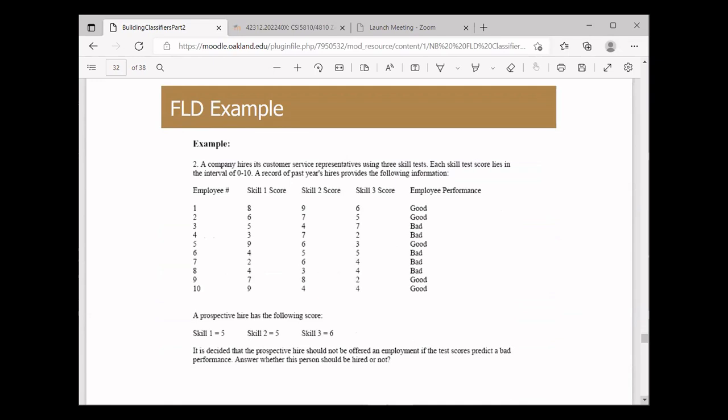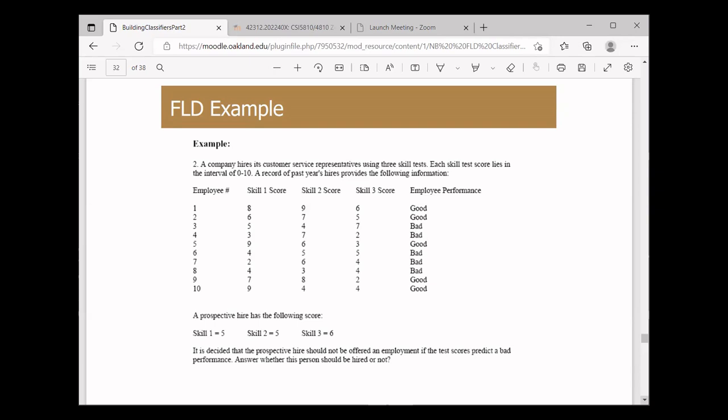So basically, we have a company, it hires its customer service reps using 3 skill tests. So they get a candidate, they run the candidate through 3 tests, and the test score lies in the interval of 0 to 10. And what the company has is a record of last year's scores and the employees who were hired and how well they have done.